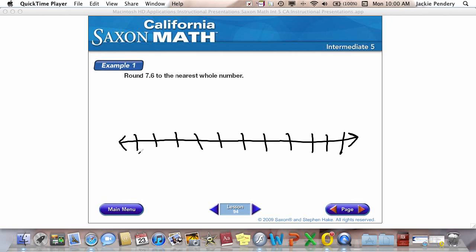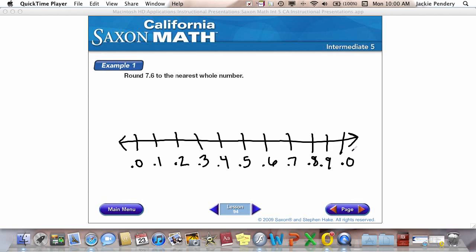Okay, so we're going to put any whole number here, but it's going to be number 0.0, 0.1, 0.2, 0.3, 0.4, 0.5, 0.6, 0.7, 0.8, 0.9, and another whole number 0.0. Doesn't matter what those numbers are, any number will do.